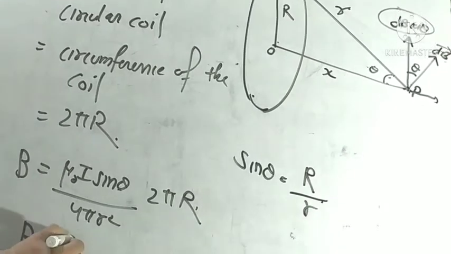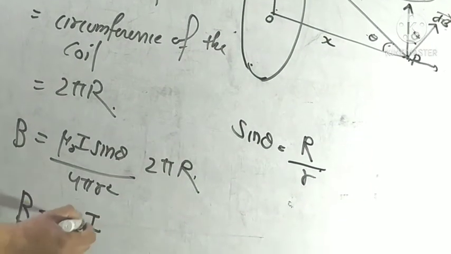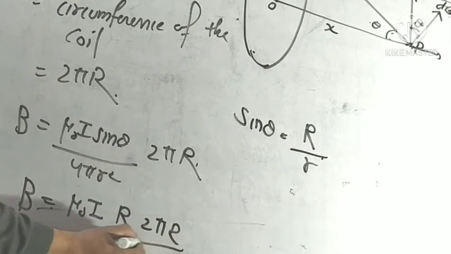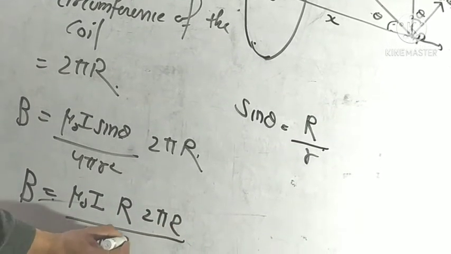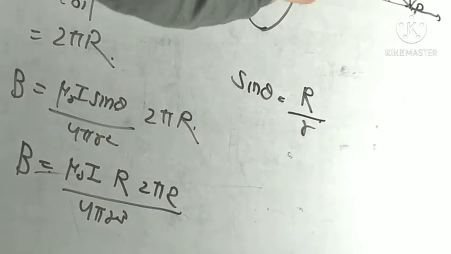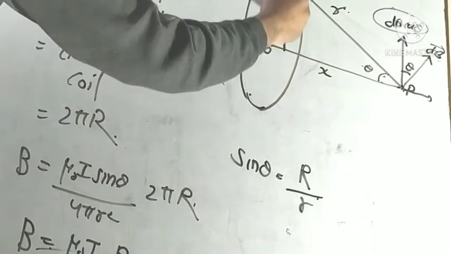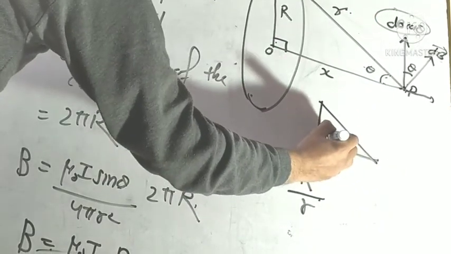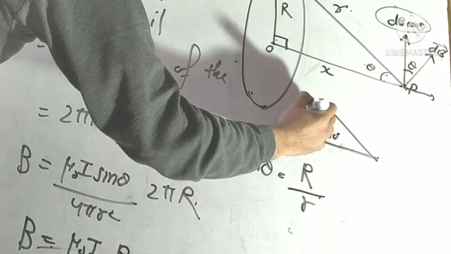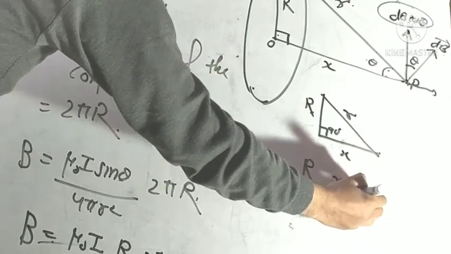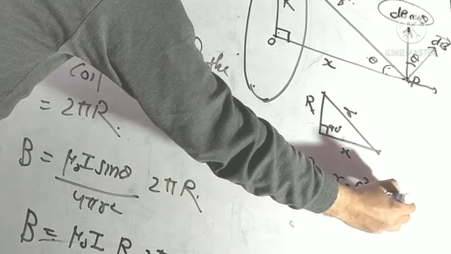So B is equal to mu naught I r times 2 pi r upon 4 pi R cube. Here R we have already found out. This is a right angle triangle, where this side is capital R, this is small r and this is x. So R is equal to the square root of r square plus x square.